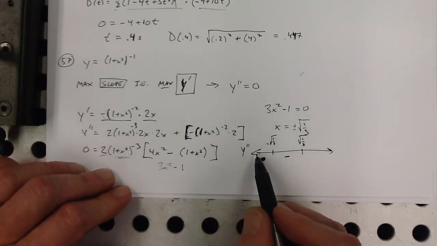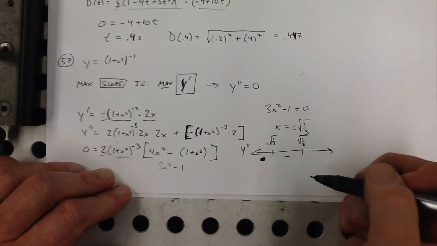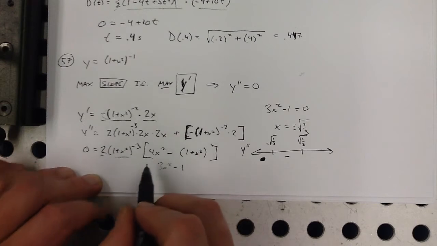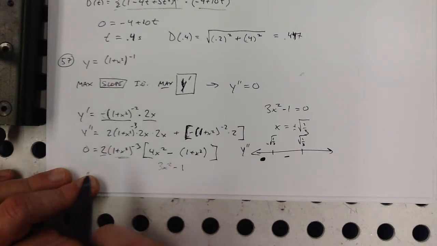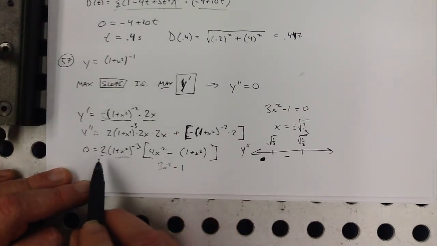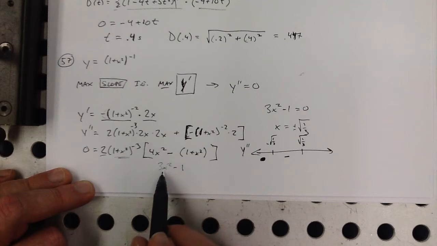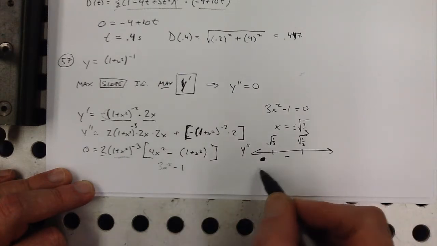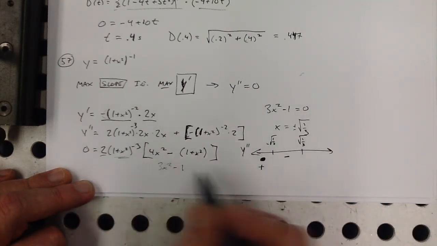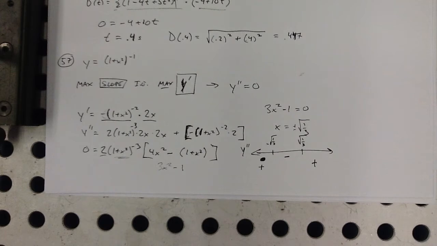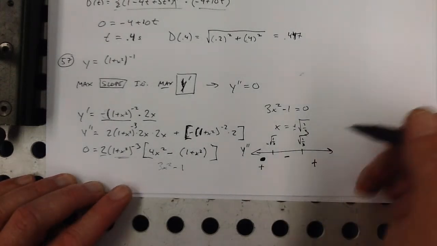If I plug in a number outside the square root of 1/3, like 1, that should be a fairly easy number to deal with, I hope. So if I plug in 1, that gives me positive 2. This number is always positive. And then if I plug in 1 into this, 3 minus 1, that's also positive. And if you check over here, this is also positive. So if I'm looking for a maximum, that is going to happen here.